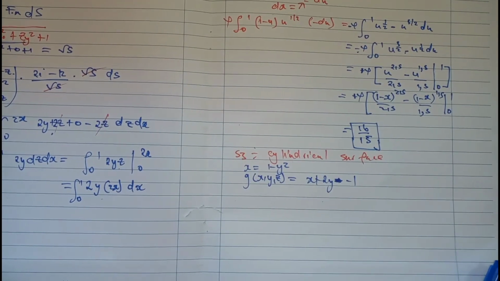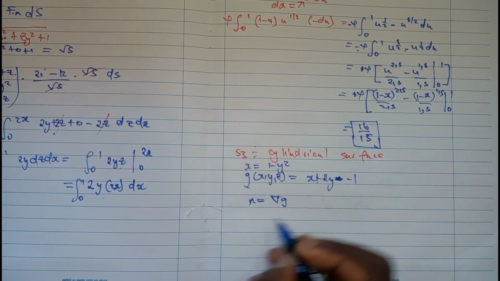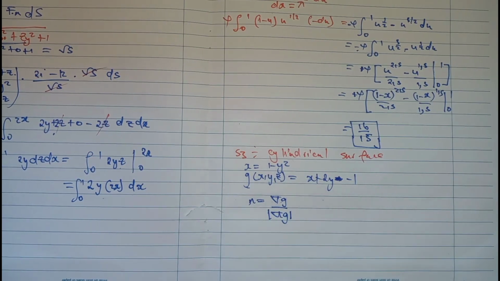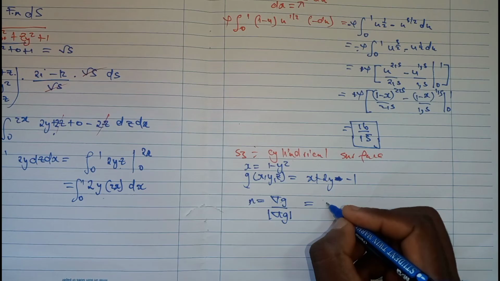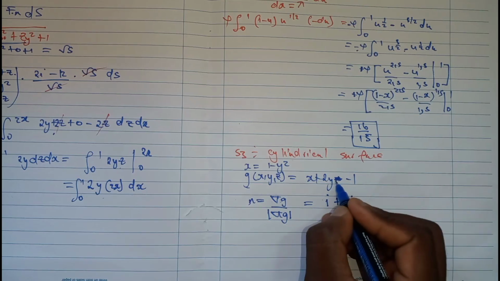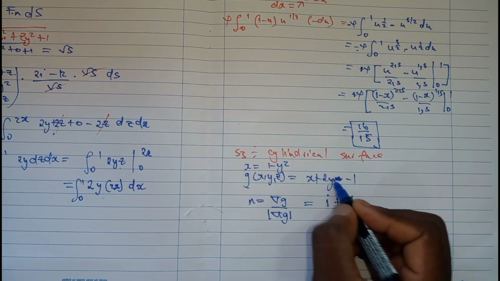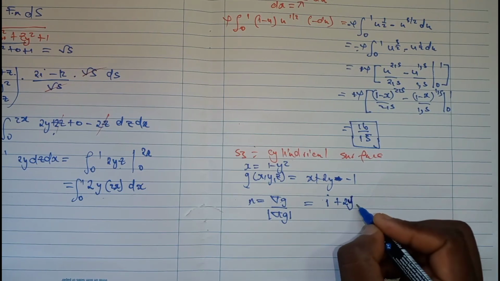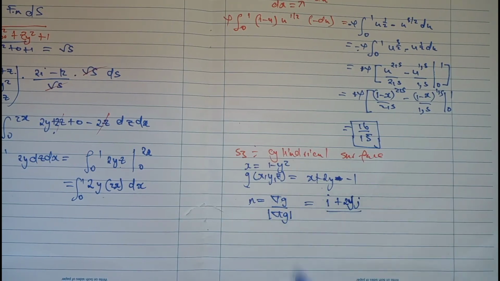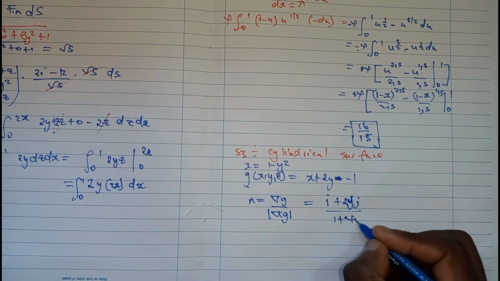The normal is going to be the gradient of g over the magnitude of g. So this is going to be equal to 1i plus 2yj, since this is y squared, divided by the square root of 1 plus 4y squared.